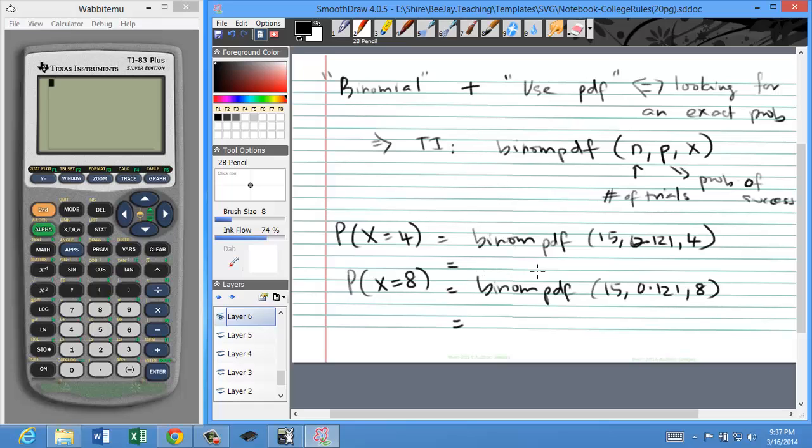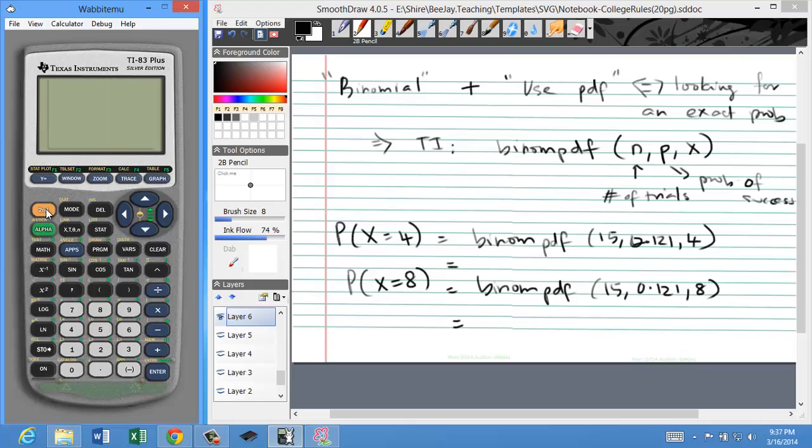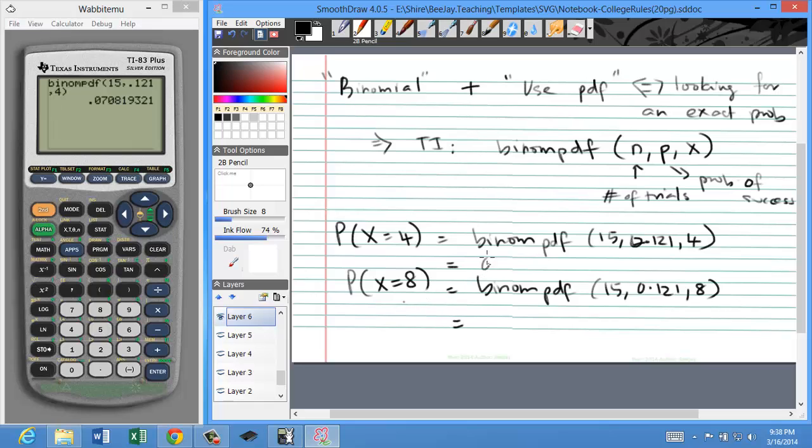If you want to use Binomial PDF, we press the start button, we press second vars, and we scroll down to Binomial PDF, select that, press 15, 0.121, comma 4, close paren, press enter, and my answer is 0.70819, which I approximated as 0.7082.